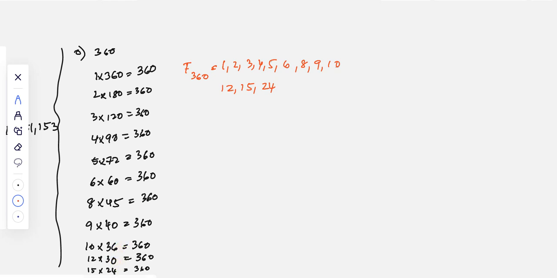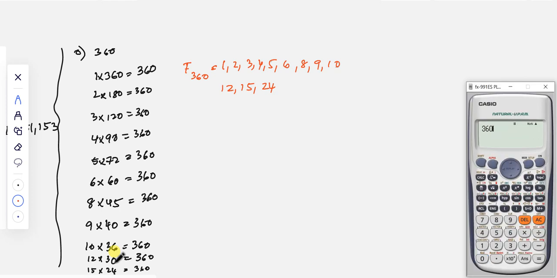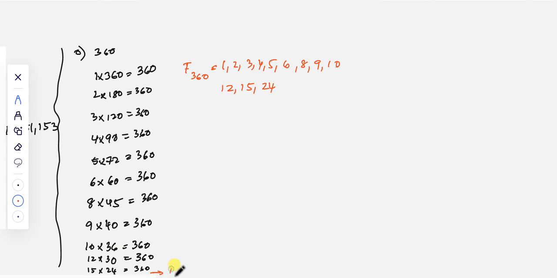Oh, I think I missed one. Wait. 360 divided by 18, yes. Sorry, we have one more remaining. I'm just going to write it here: 18 times 20 is equal to 360.